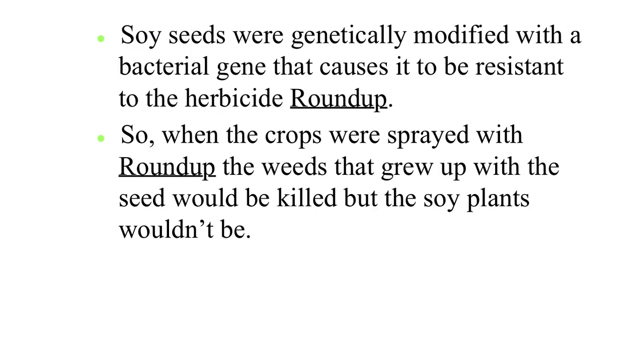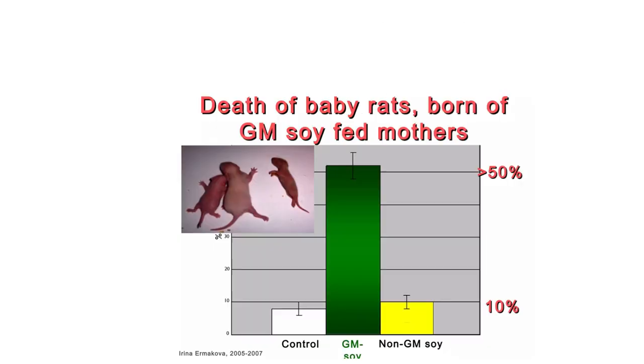The beauty of this idea was that you could spray the crops with Roundup, and this would kill any weeds that were growing up with the seeds of the crop. The soy plants would be unaffected. Well, that caused a lot of allergies in people.